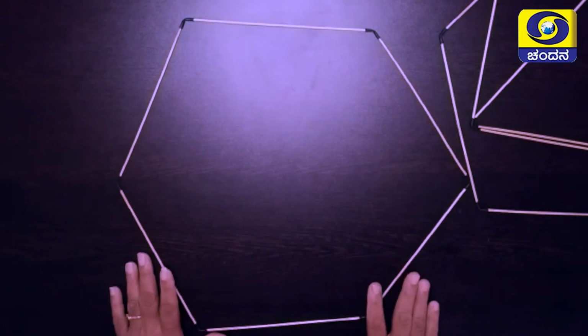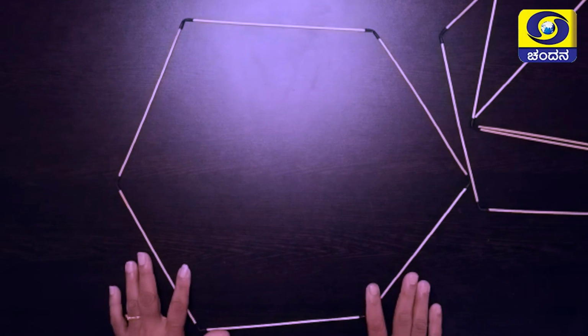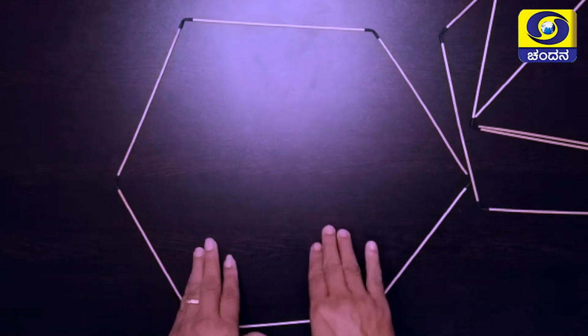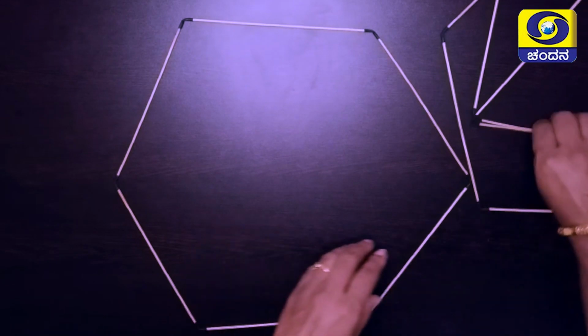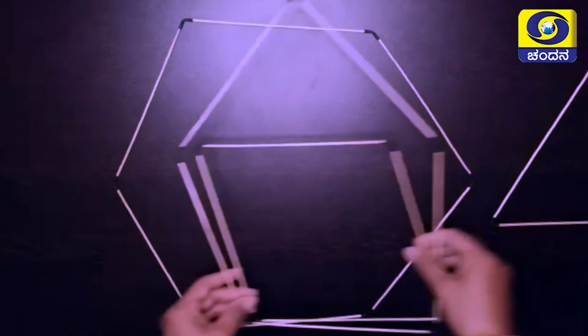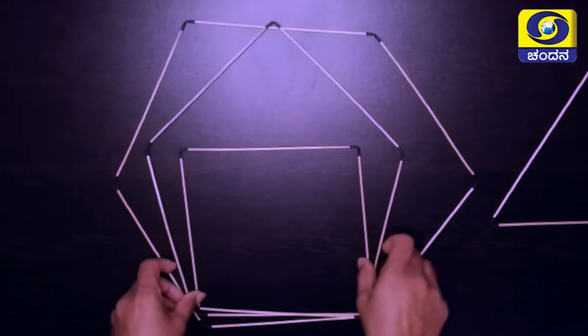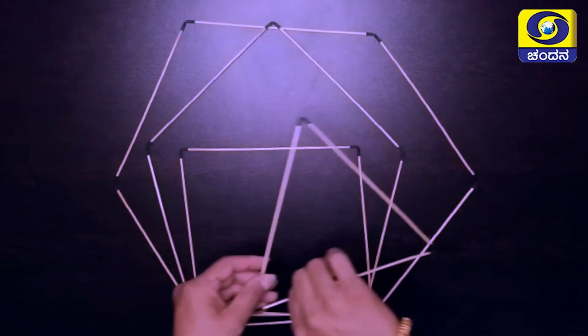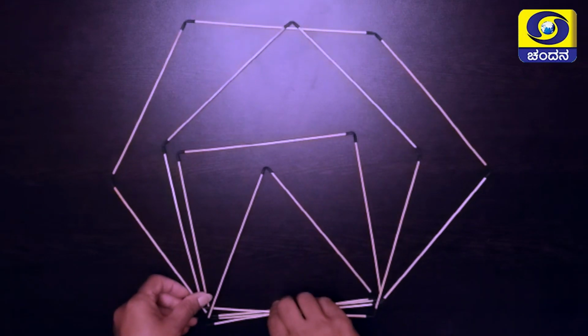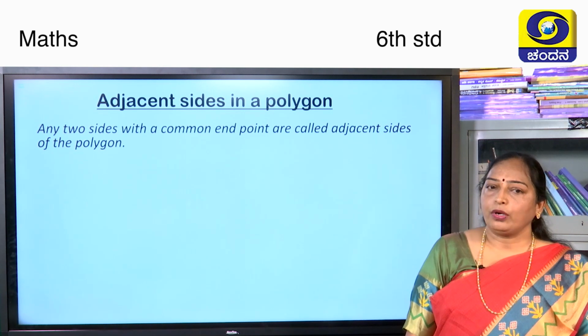In this way, we can make the model of a heptagon which has 7 sides, an octagon which has 8 sides and so on. Children, you can make polygons by using sticks and small rubber tubes. Try to do it, children.